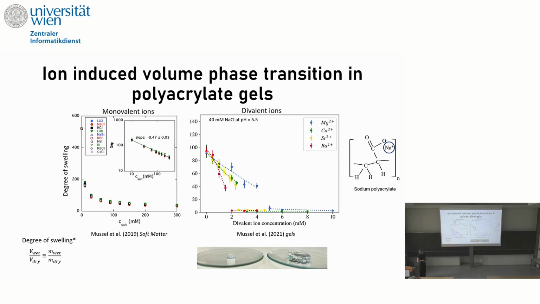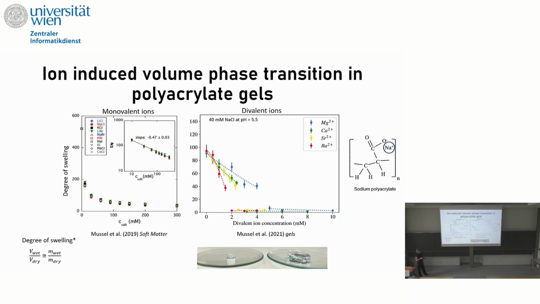About volume transition due to ionic contact change in sodium polyacrylate: for the monovalent ions in the left figure, we can see a gradual decrease in the volume as we add more salt. The degree of swelling, by the way, is the ratio between the wet and the dry gel, approximately, for lightly cross-linked gels, the mass of the wet gel divided by the mass of the dry gel.